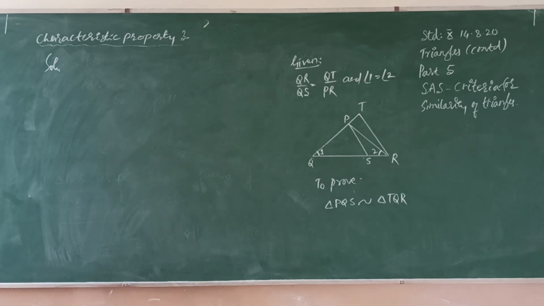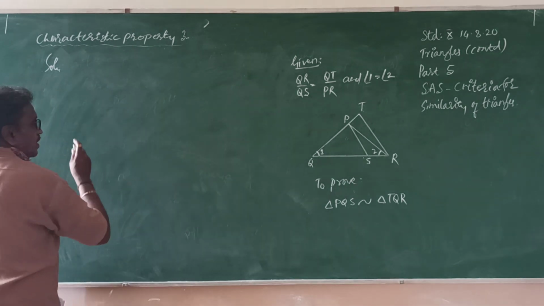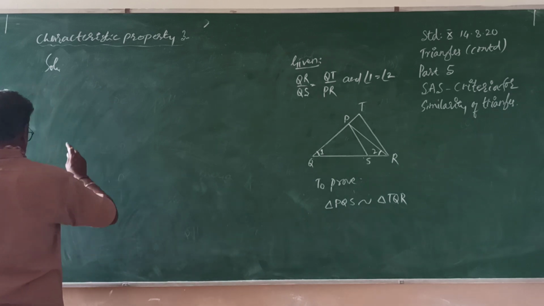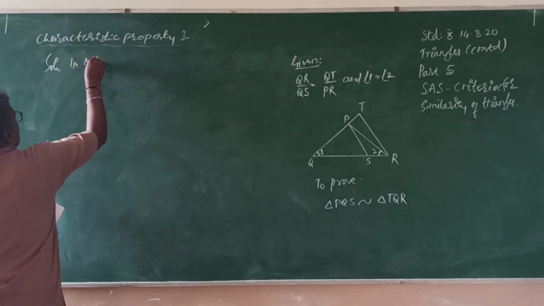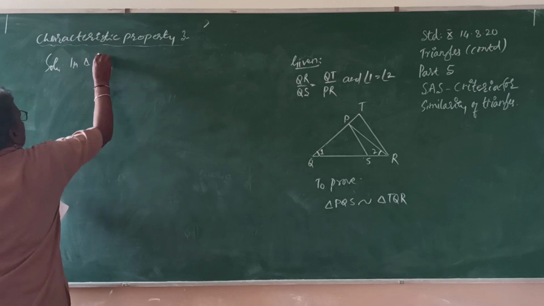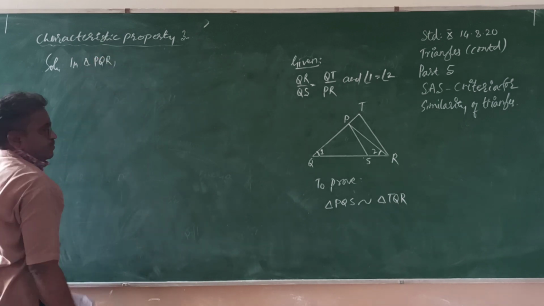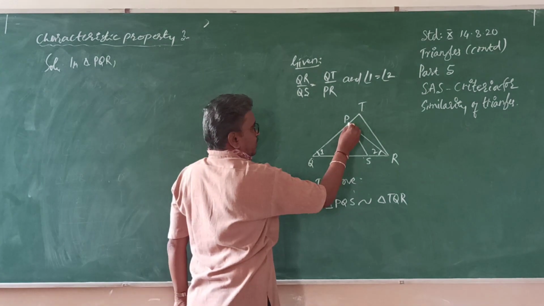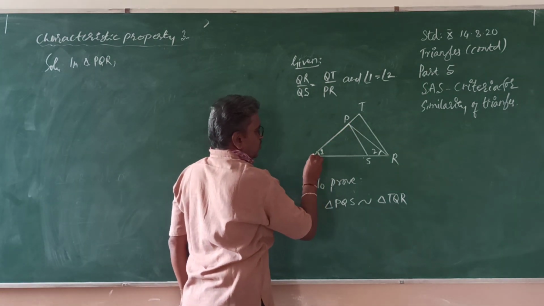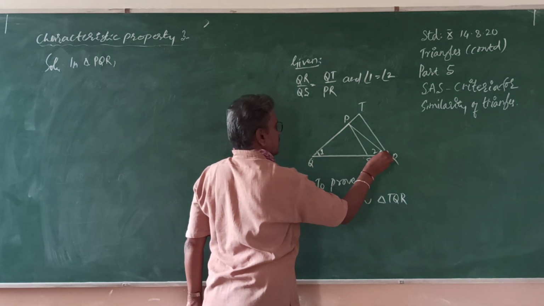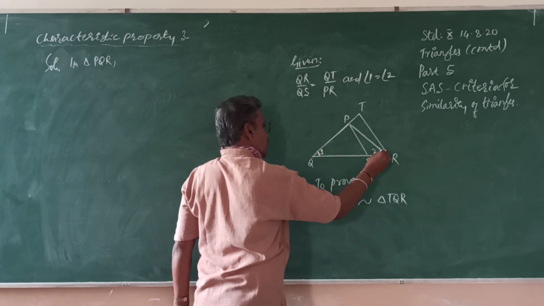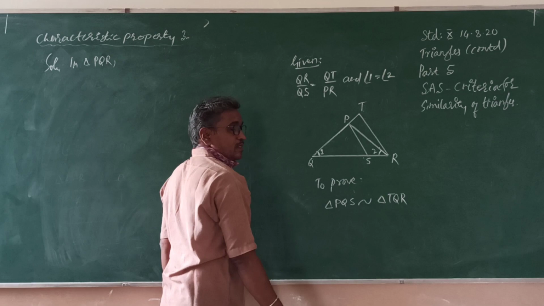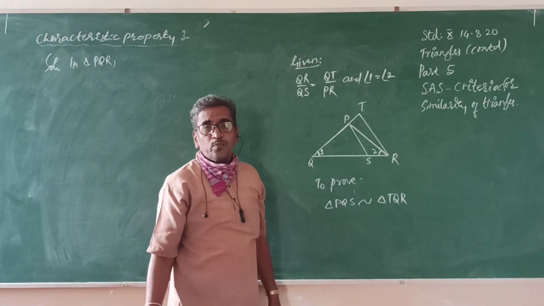See here, there are some points of learning. In triangle PQR, angle 1 equal to angle 2 means the base angles are equal. What property do you know about this?